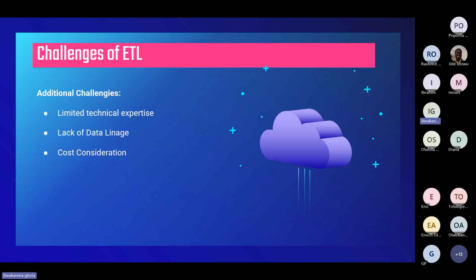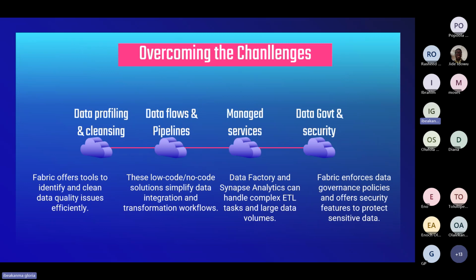Technical expertise: maybe in an organization, you don't have people with the expertise to look into such data sets or do the cleansing. This can also affect your data cleaning or your final outputs.